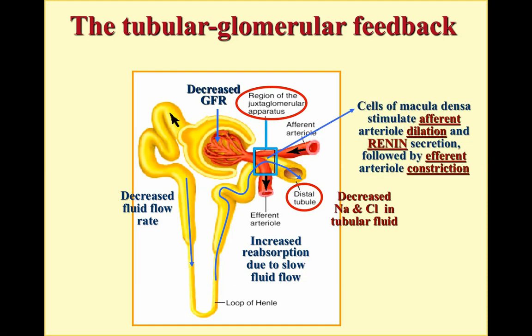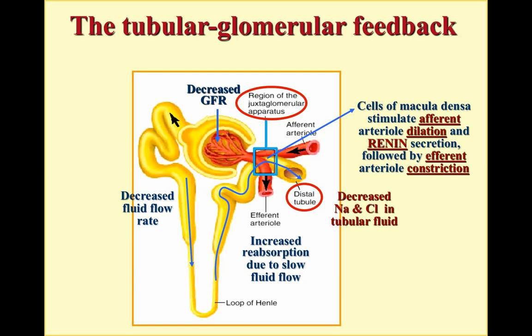So cells of macula densa, in response to decreased sodium and chlorine, stimulate two processes. First, they stimulate the afferent arteriole dilation, which is the wider bringing artery, and renin secretion. Renin is secreted into blood, and finally, not immediately, but after a sequence of events which we discussed previously, produces constriction also of the efferent arteriole.